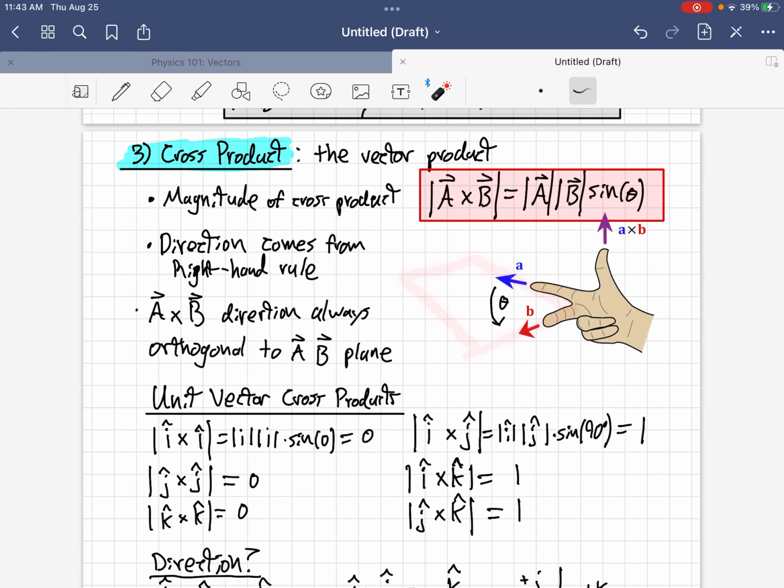When you have 2 lines, they can create a plane, and A cross B is always going to be perpendicular to that plane. If A and B vectors are creating like a page, like a sheet of paper, A cross B would be pointing straight out of that page.